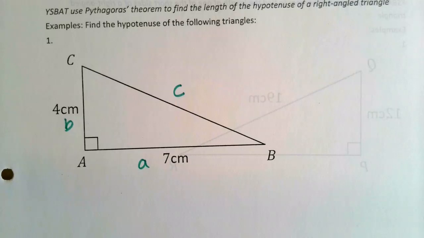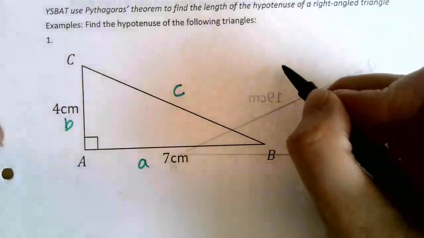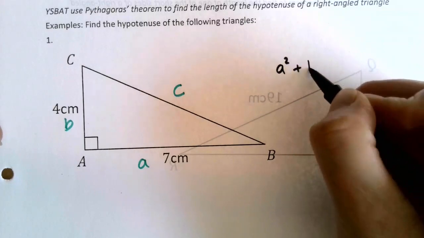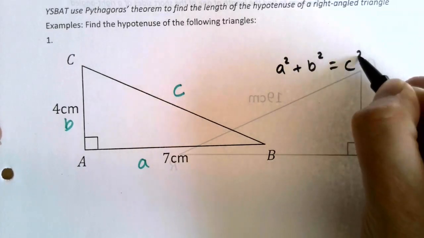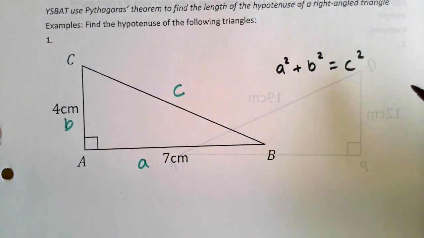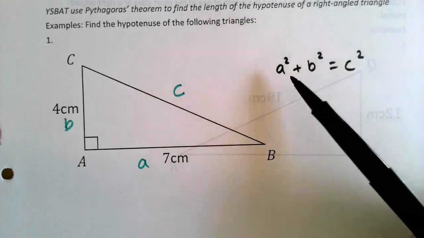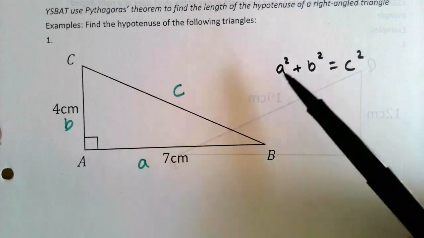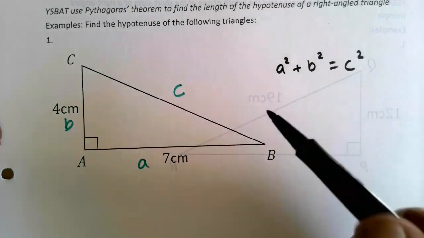Then we start off by writing out Pythagoras' theorem. So A squared plus B squared equals C squared. And we would write this every single time. Then all we have to do is replace these with the numbers. So A is 7.